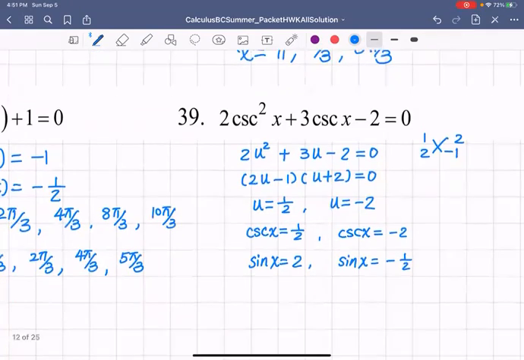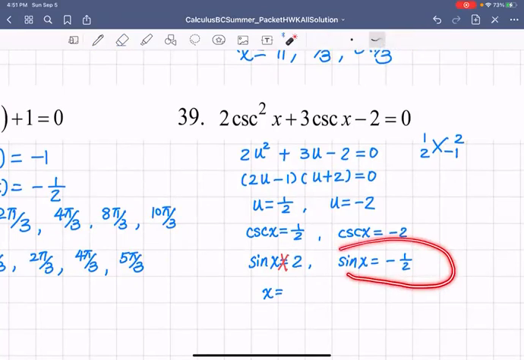This is impossible, okay? So when sine x is -2, no solution. When sine x is -1/2, that would be equal to 7 pi over 6.